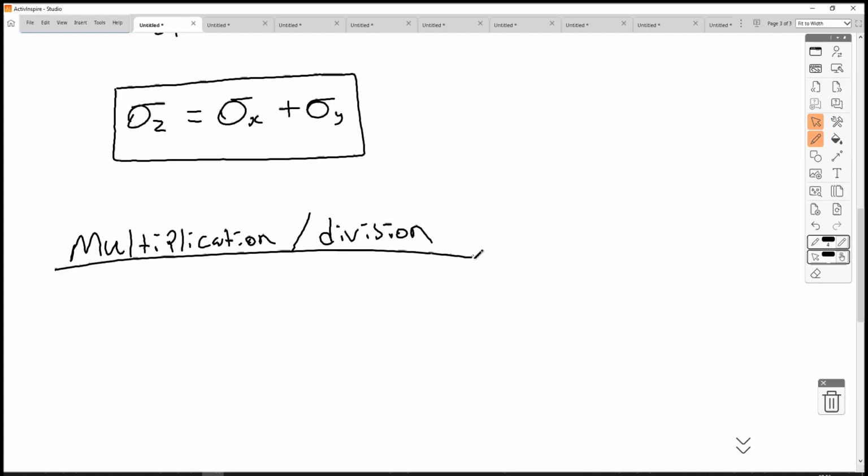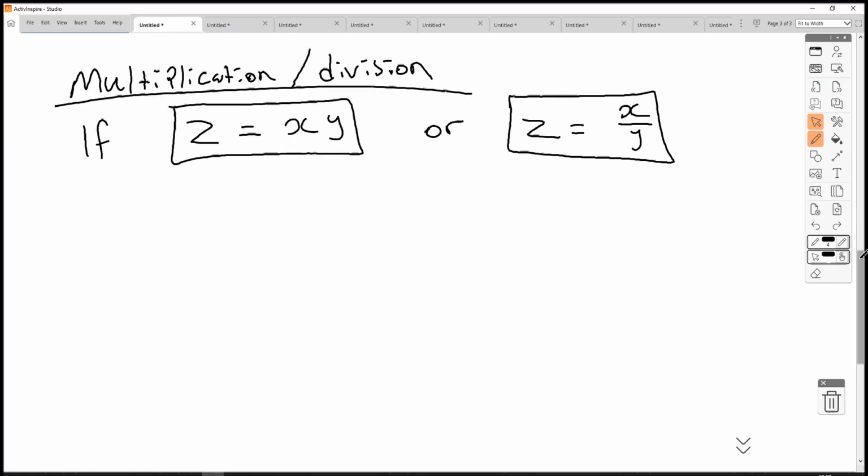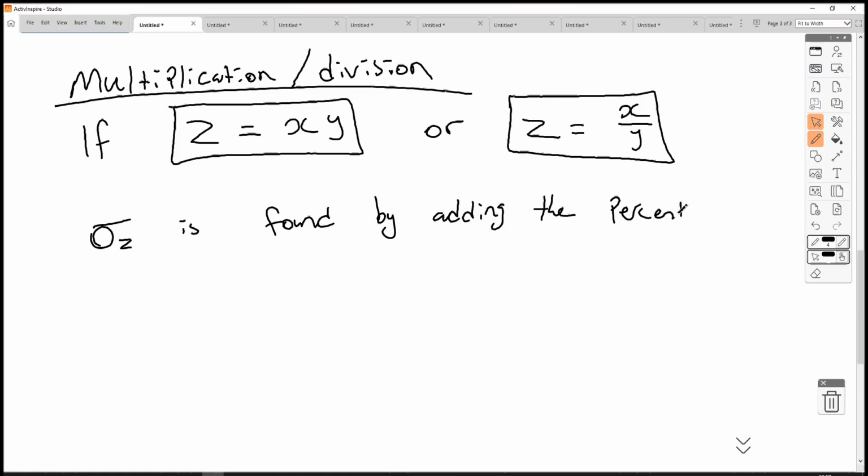So in this case, if z equals x times y, or z equals x over y, then the uncertainty in z is found by adding the percentage or relative uncertainties.